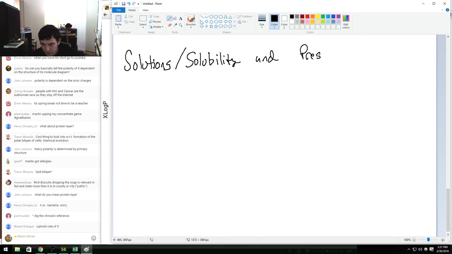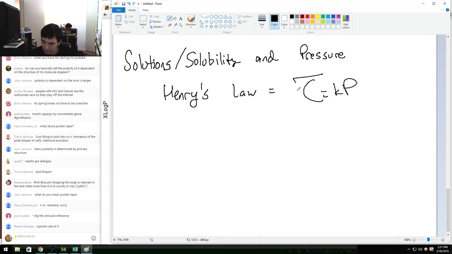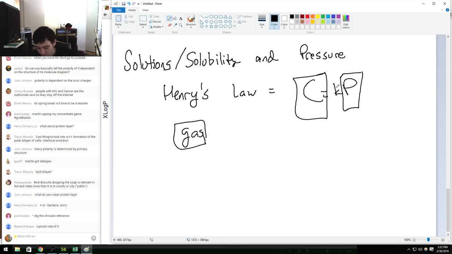We're going to learn very easily a simple law called Henry's law. Henry's law simply states the solubility of a gas, and this only applies to gases, increases directly proportionally with pressure. So concentration increases with pressure.